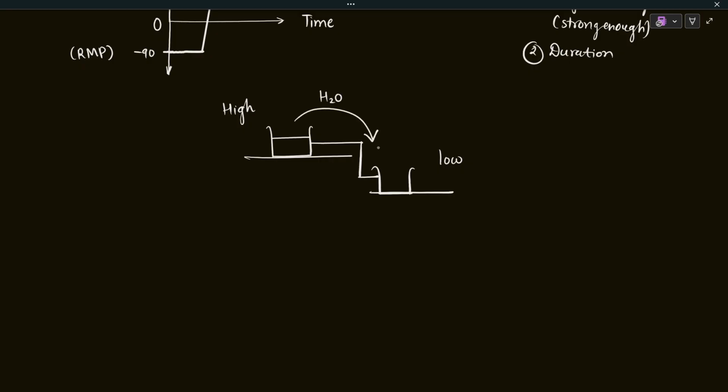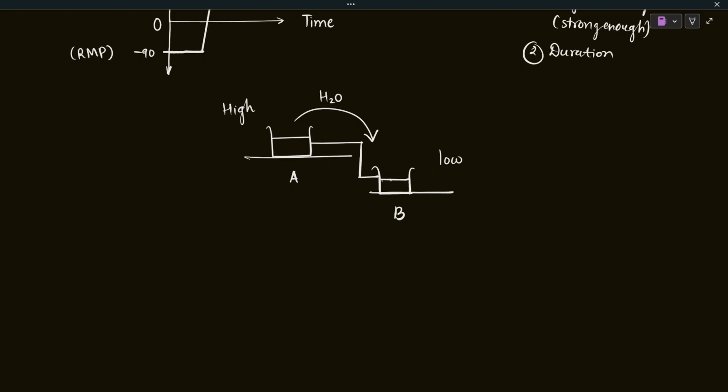It has a tendency to move from higher potential to lower potential. With time, once the water starts moving from container A to container B, the water level starts rising in container B, and with time it will become equal to what is in container A.